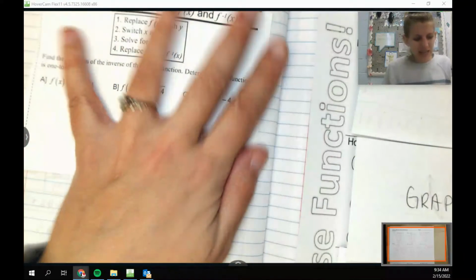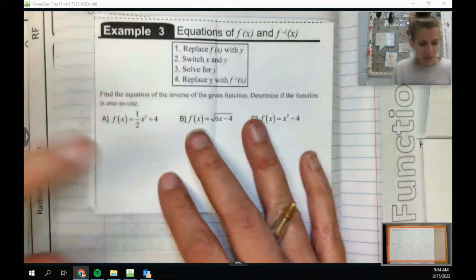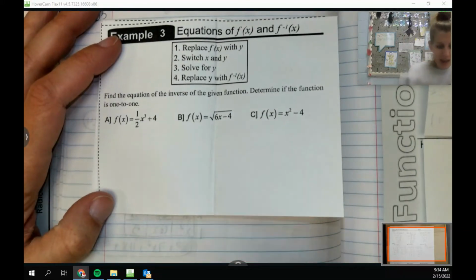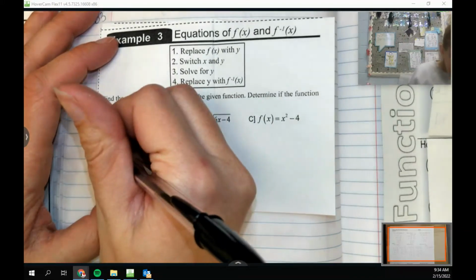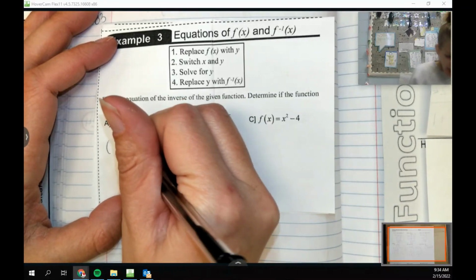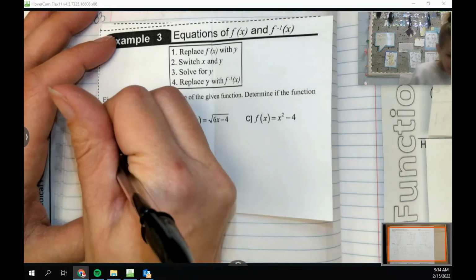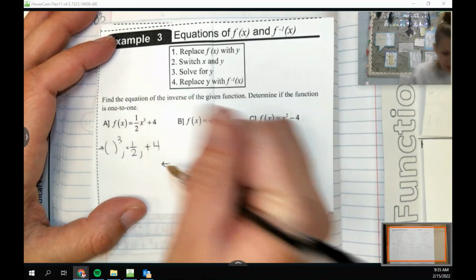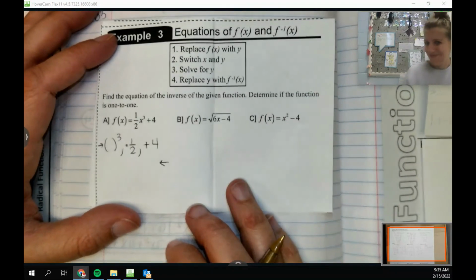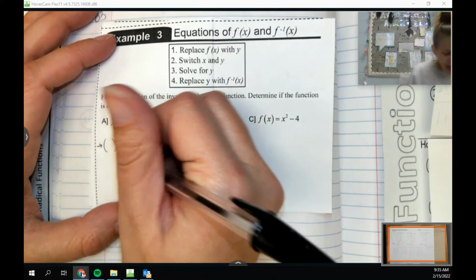And then last but not least, we want to find our inverses. So one way we can do it is we can think about what's happening. If I was x, I would first cube, then take half, then add 4. So if I flip it, switch it, and reverse it, I'll subtract 4.